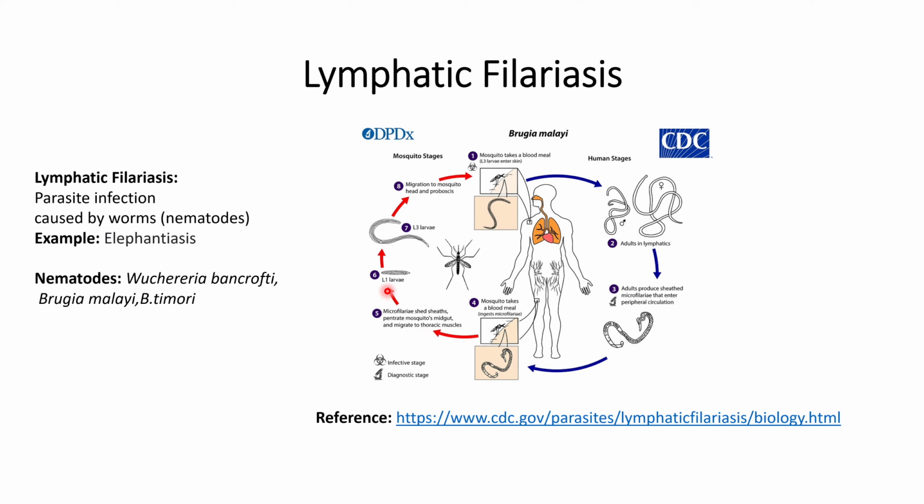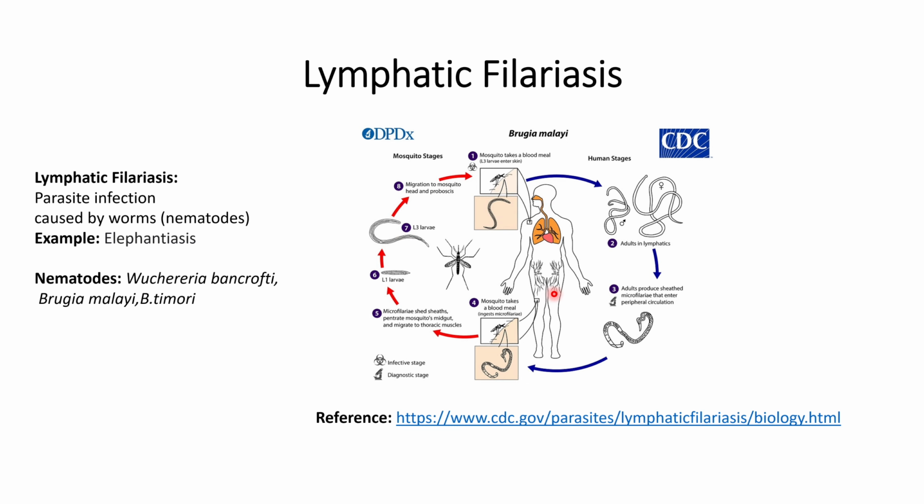There it will grow as a larvae and become mature, then migrate to the mosquito's head and then to the saliva. From there, the mosquito becomes larvae positive and can infect other humans. So this is how the lymphatic filariasis cycle works within the patient and also within the mosquito.